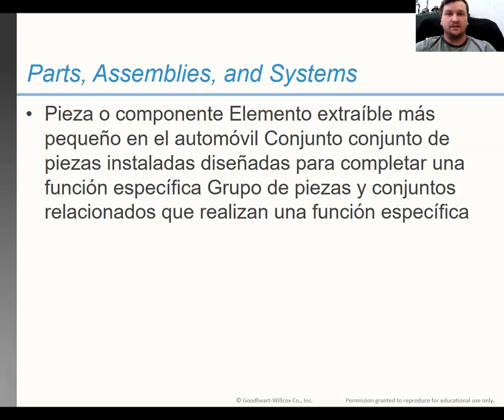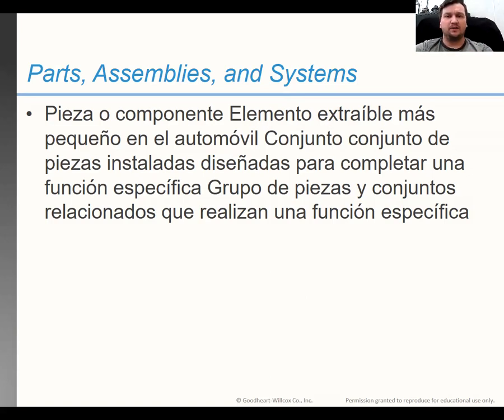So parts are individual components, like fuel pumps, air filters, things like that. Assemblies are a group of parts put together for a specific function. Such as a fuel pump assembly, which could be your fuel pump, a fuel filter, and a fuel sending unit that tells you how much fuel is in the tank, all in one unit.